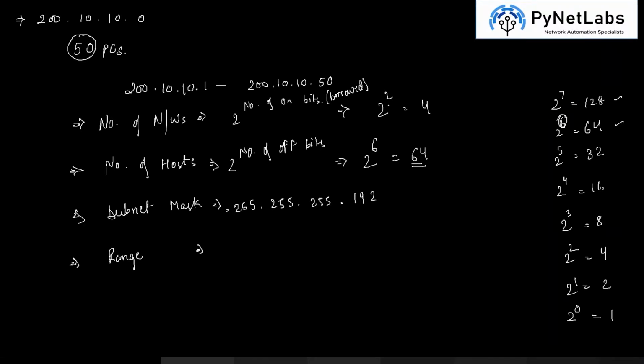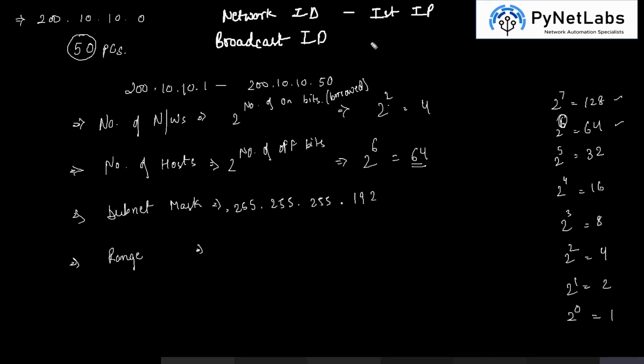Now I would request you to please focus here. Yesterday I told you about something called network ID and the broadcast ID. The first IP of a range is known as the network ID of the range, and the broadcast ID is the last IP of the range.